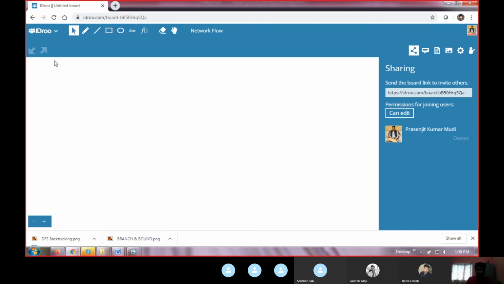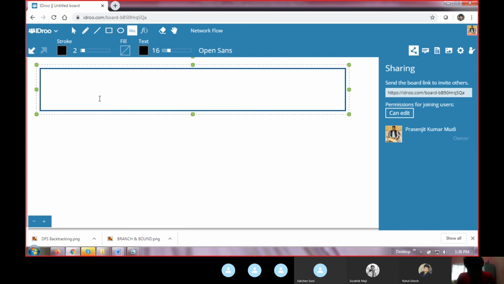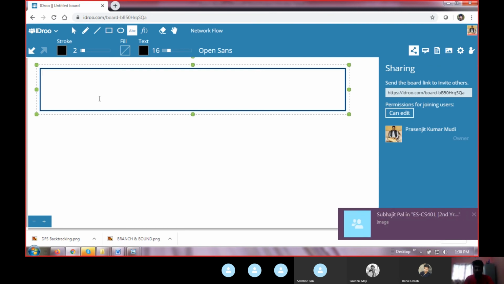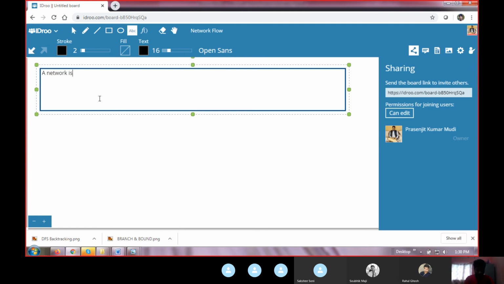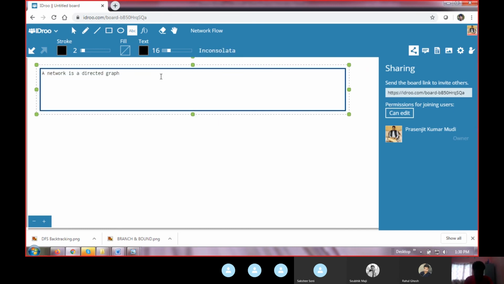So here, flow network. What is a network flow or flow network? A network is a directed graph, where each edge will have a capacity.